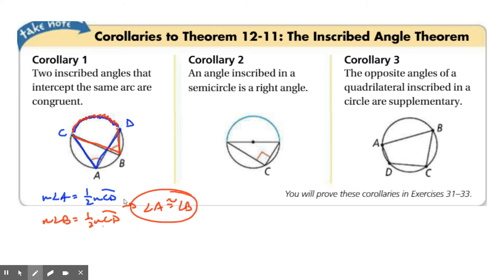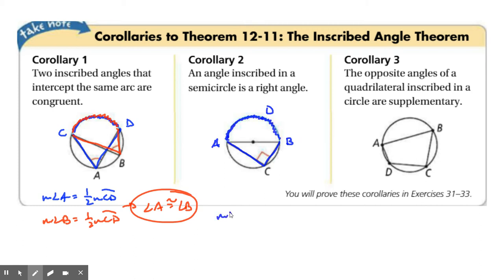So there we go. Second corollary, it says that the angle inscribed in a semicircle is a right angle. So angle C, this angle ends at a diameter. So call this A, B, and let's put a random point D up here. So the arc that angle C intercepts is this semicircle.